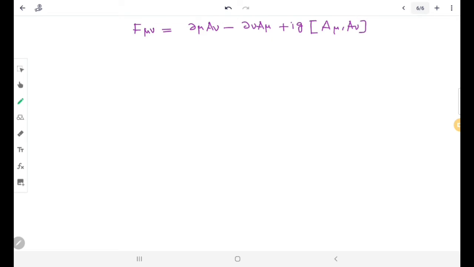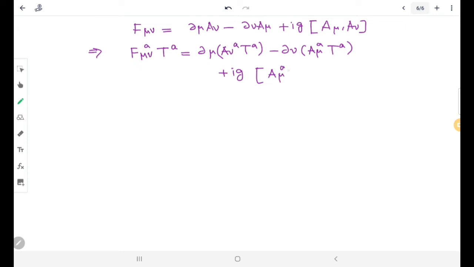But remember, this is not in the ordinary space. This is actually a quantity in Lie space. So we can write this quantity as F mu nu A Ta, and then partial mu A nu A Ta, and then minus partial nu A mu A Ta, and then we have the next term ig A mu A Ta.